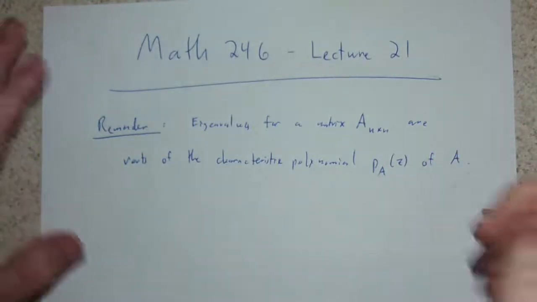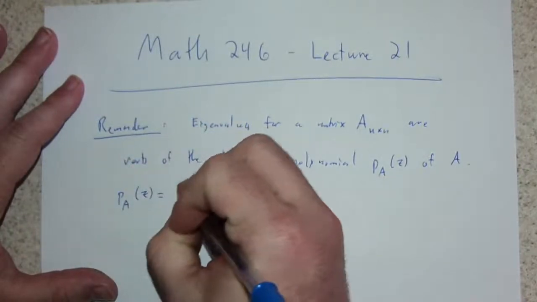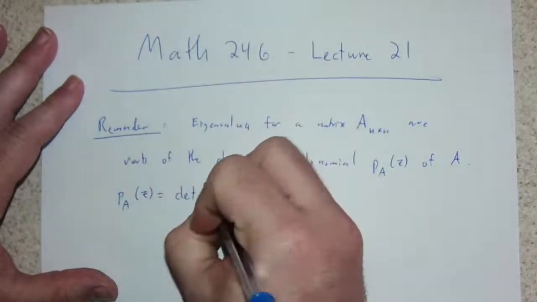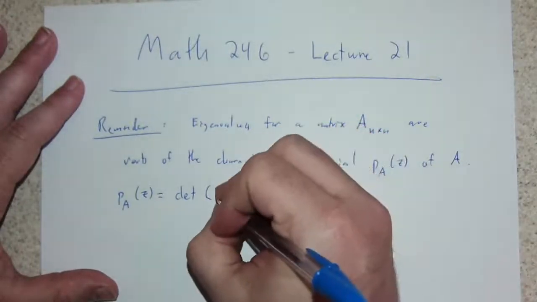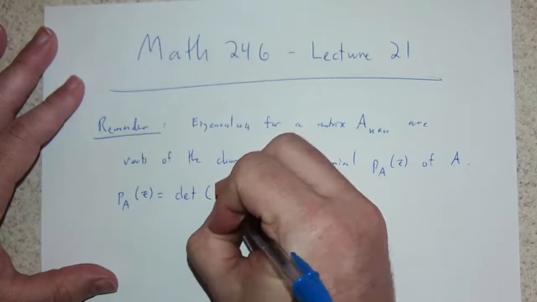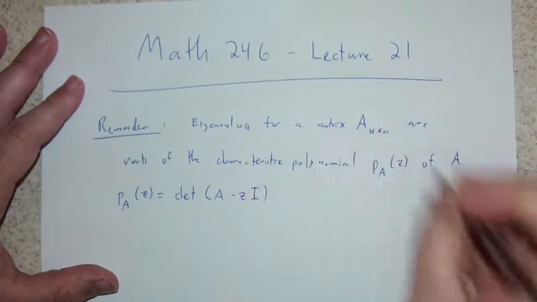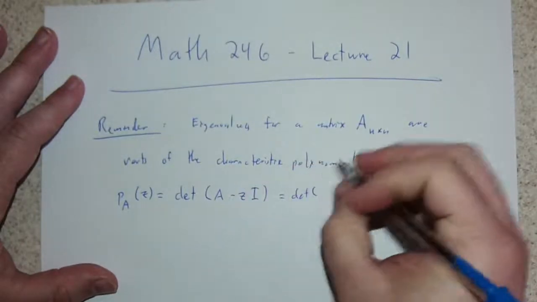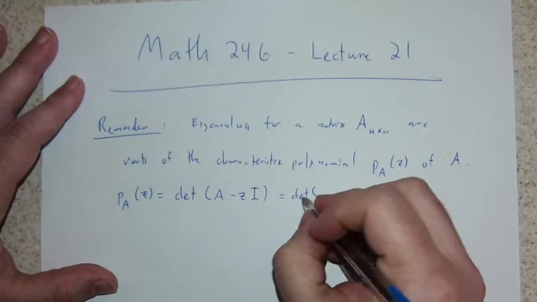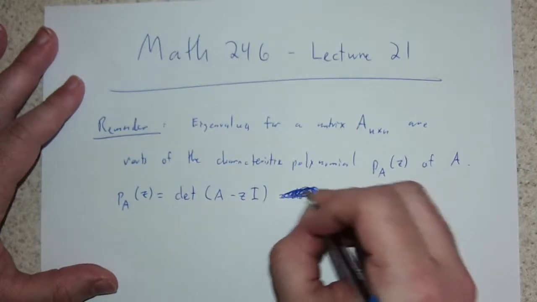Okay, remember the characteristic polynomial of A is the determinant of A. You could think of it as the determinant of A minus zI if you like, or determinant of, well, I won't rewrite this as a different thing.